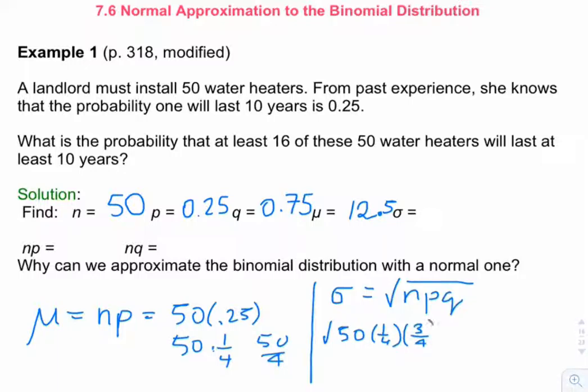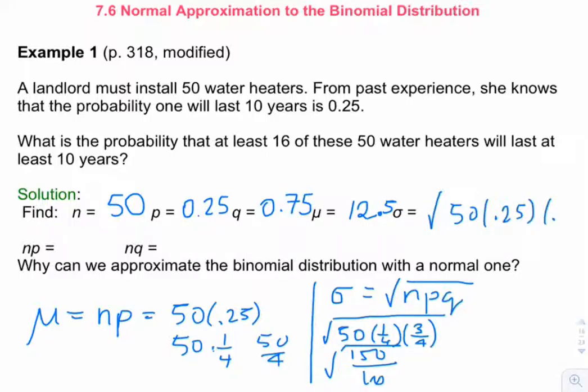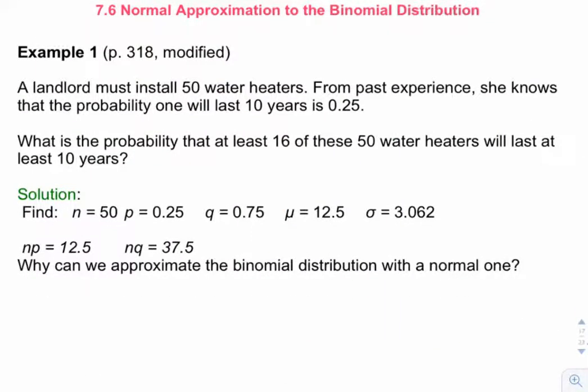You can, of course, just use your calculator to do 50 times 0.25 times 0.75, and take the square root of that product. So that product turns out to be 3.067.